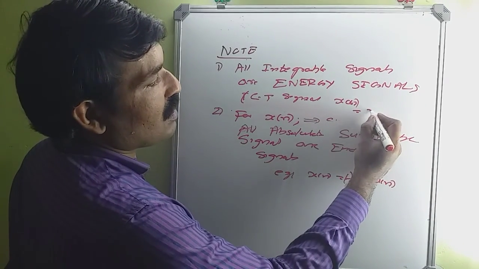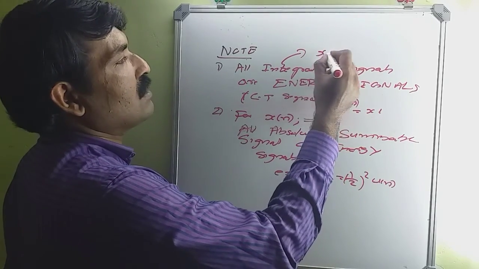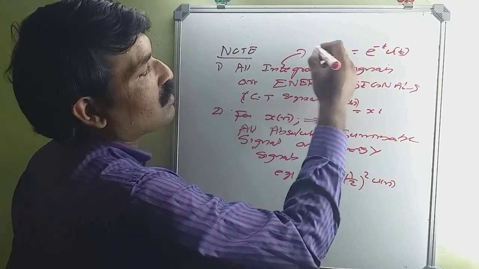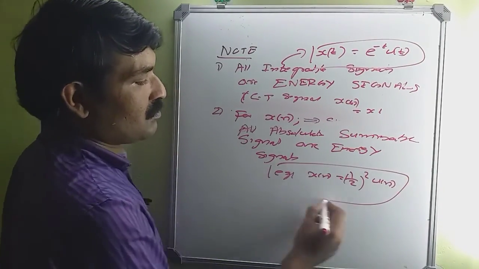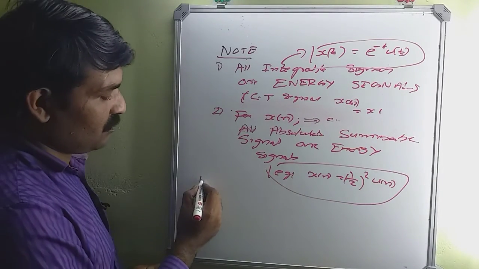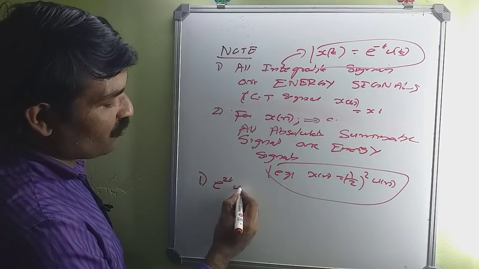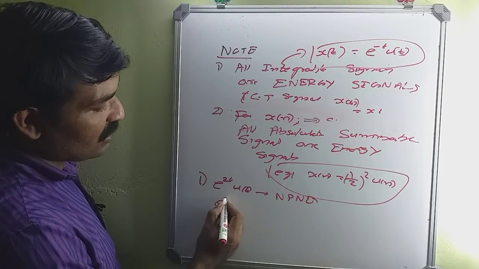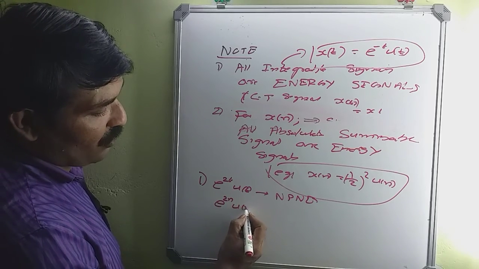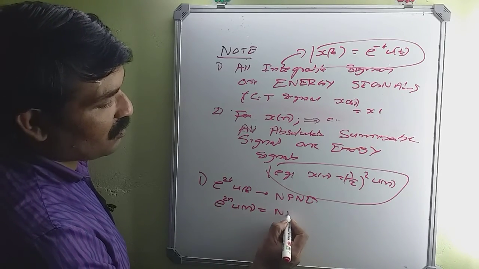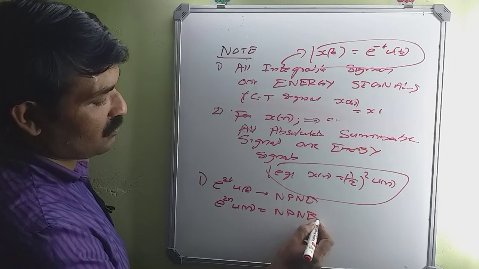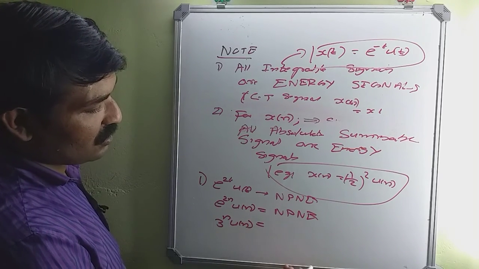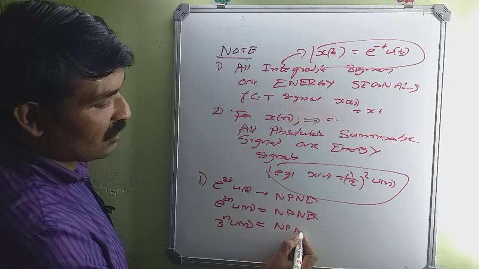Example, x of t is equal to e raised to minus t u of t, etc. And e raised to 2t u of t is neither power nor energy, and e raised to 2n u of n is neither power nor energy, or 3 raised to n into u of n is neither power nor energy signal.